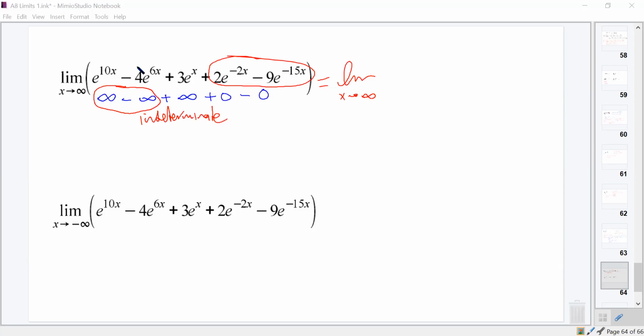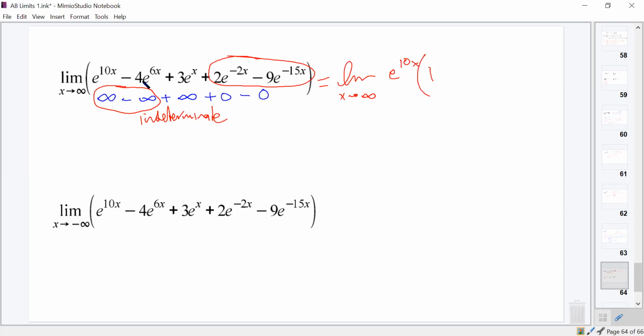So what can I factor out of all of this? How about I factor out e to the 10x? If I factor out e to the 10x from all of these 5 terms, what should I get? What do I get if I take e to the 10x out of e to the 10x? 1.